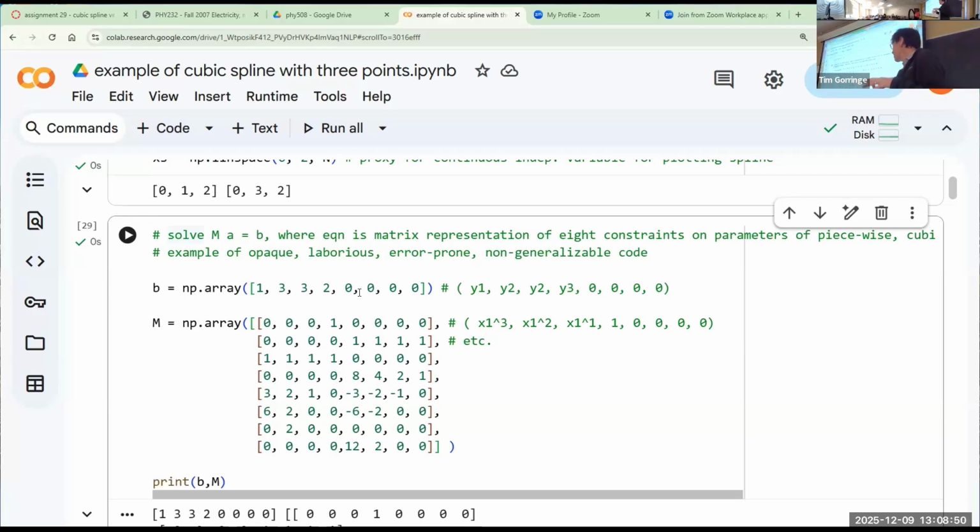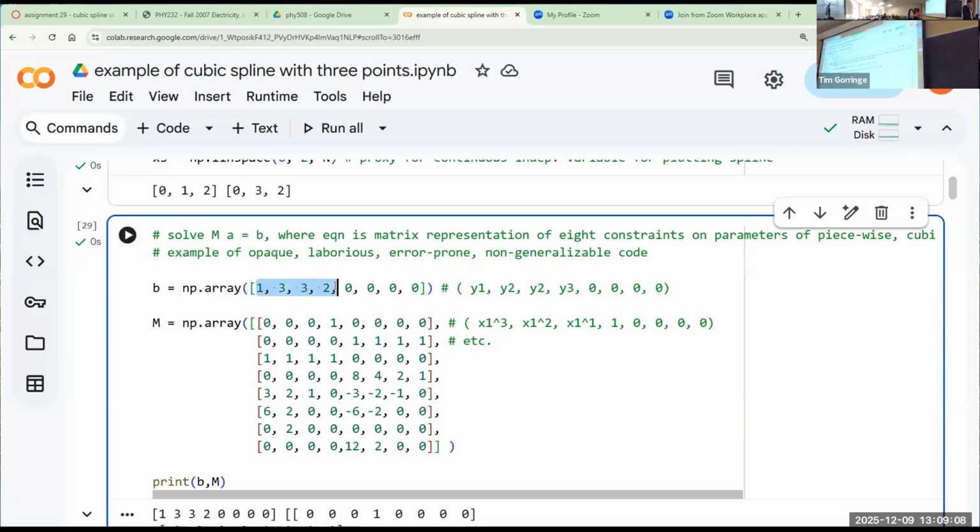And so in this cell, I'm just setting up the matrix M and the vector B that we had discussed in the slides. If you remember, the vector B just contains the values of the dependent variable for the 3 data points.